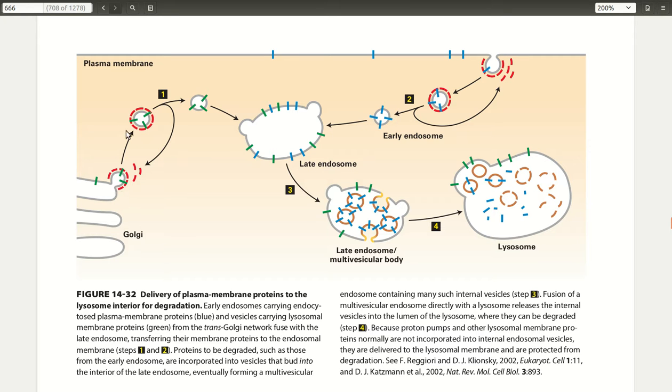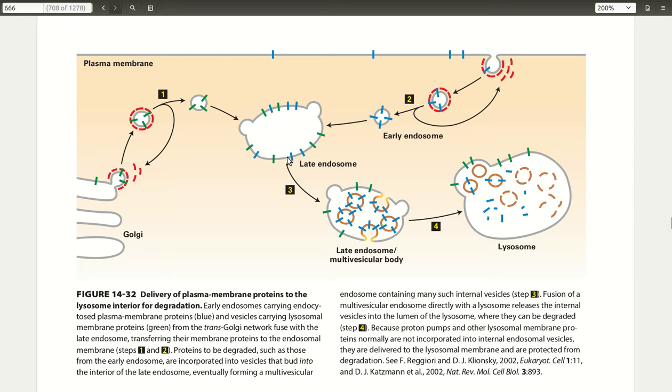These are transported to a late endosome through the formation of this clathrin AP1 complex around the membrane from the trans Golgi network. Then you have the disassembly of the coat, and these lysosomal pump membrane proteins in green fuse with the late endosome, and now you have a mixture in the late endosome of blue and green proteins, which correspond with the blue, which are to be degraded, and the green, which will function in the lysosome.